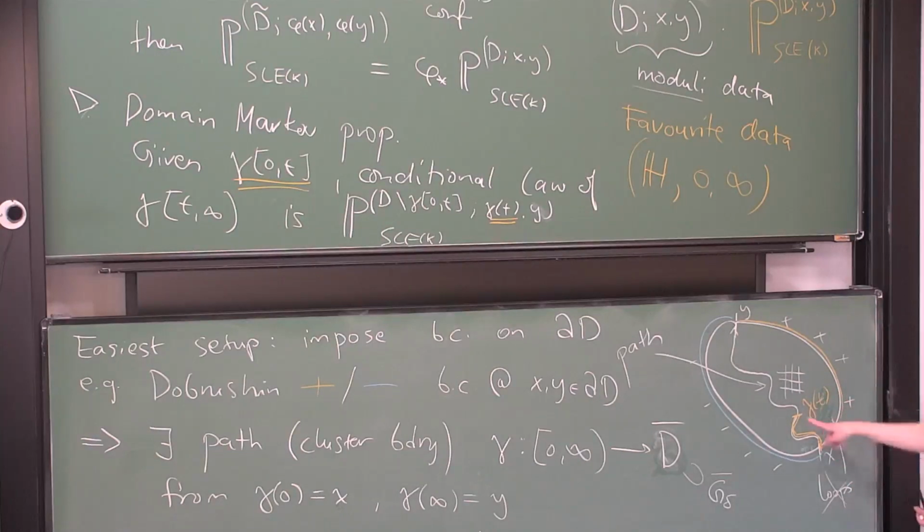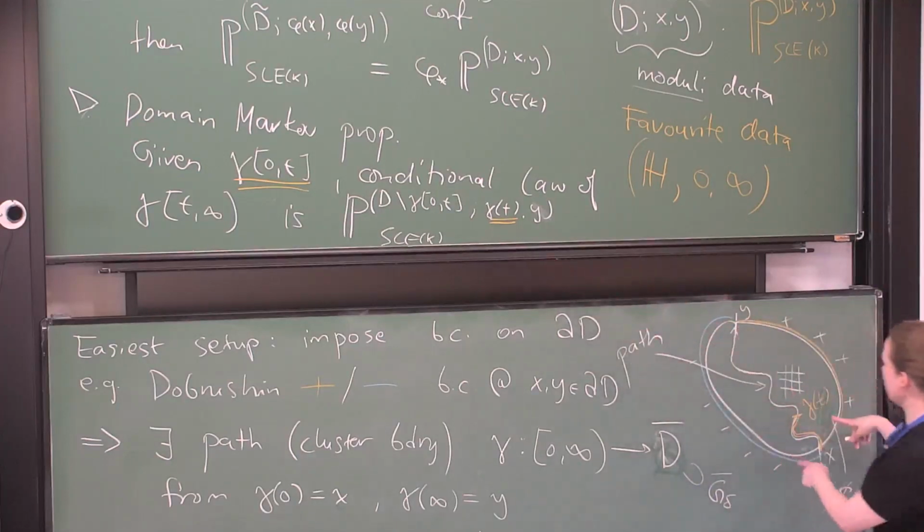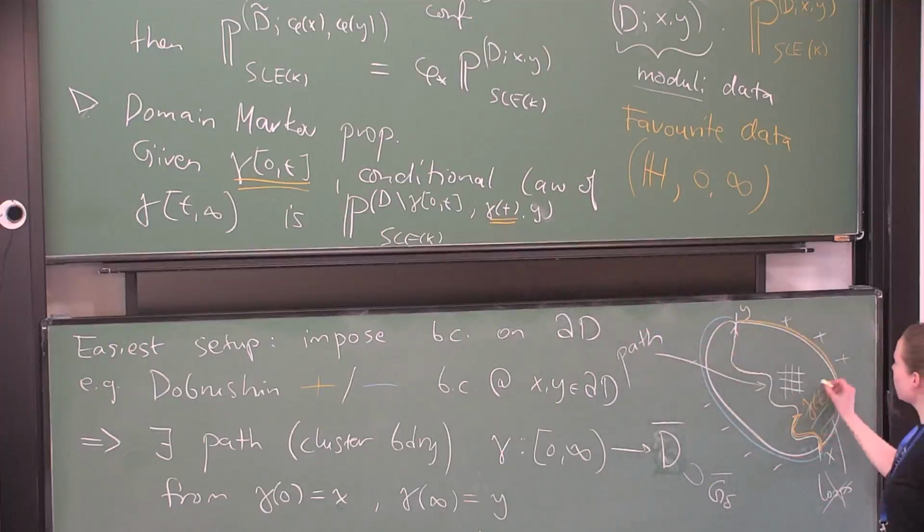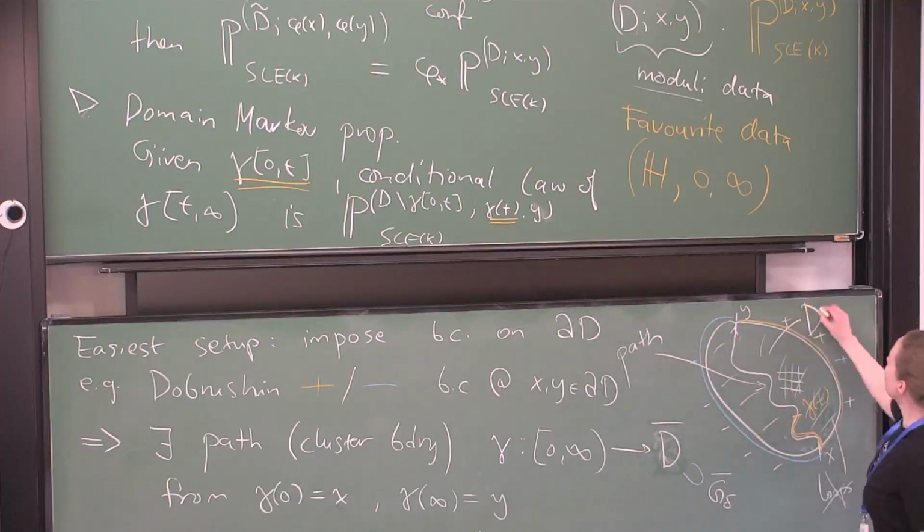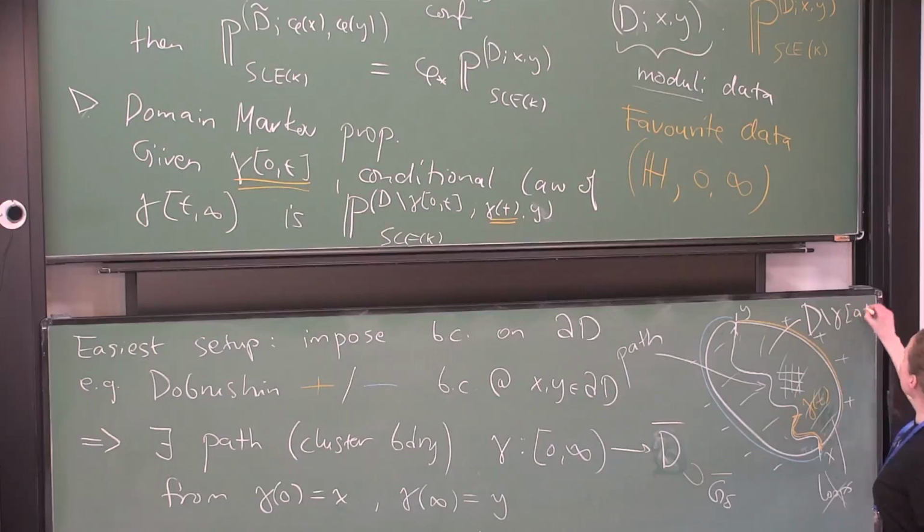So what does my remainder curve look like? It's random, right? The claim is that it's governed by the same kind of family of measures, but in the domain D minus this slit. So somehow it's all of this remaining part, D minus slit. And then there are two marked points.